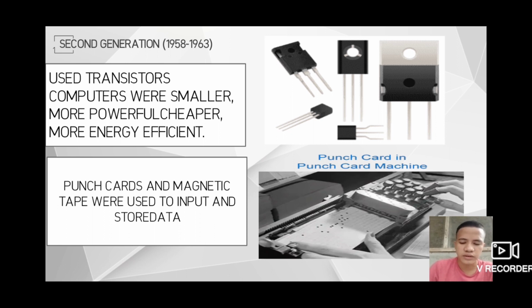The transistors were much better than vacuum tubes because they were relatively small in size. We can see here that transistors are really small compared to before, when vacuum tubes were used. They are also fast in speed, faster than vacuum tubes, and cheap in cost.